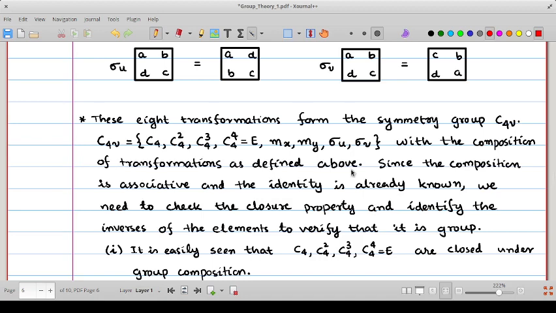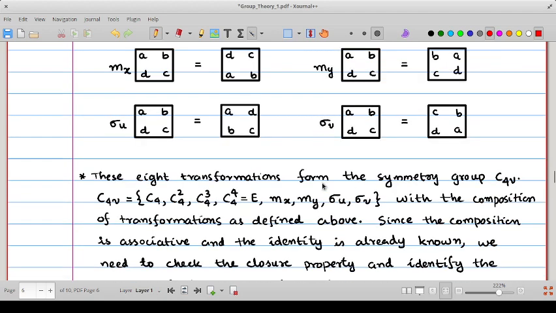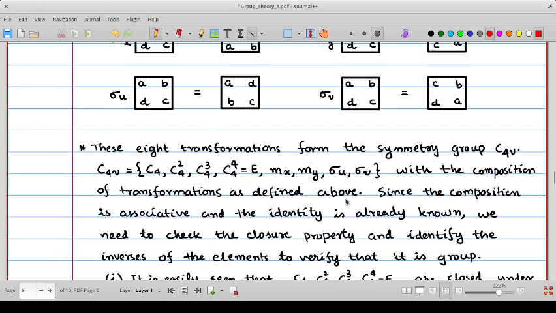The composition is already associative because they are symmetry transformations, and we have generally shown that symmetry transformations are associative. We have also shown that every symmetry transformation has an inverse as well. We just need to identify the inverse elements out of this set of elements.